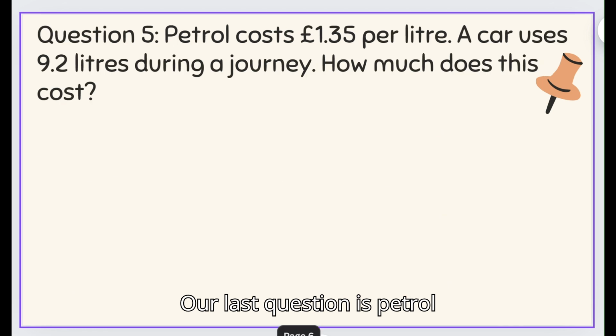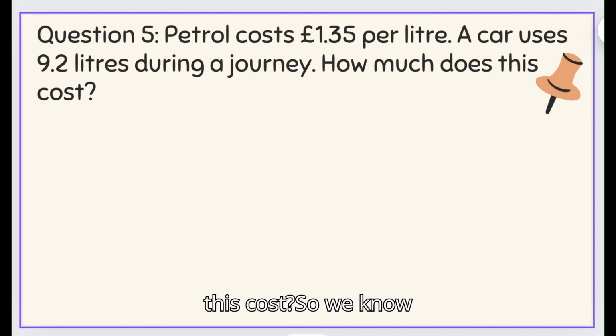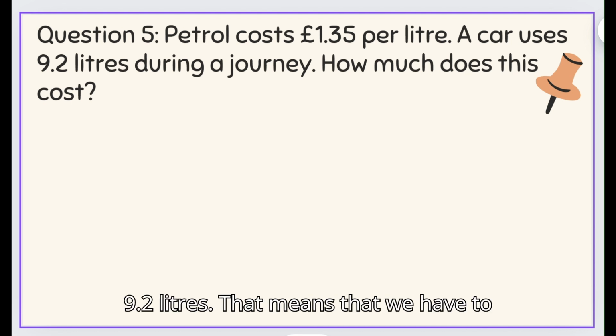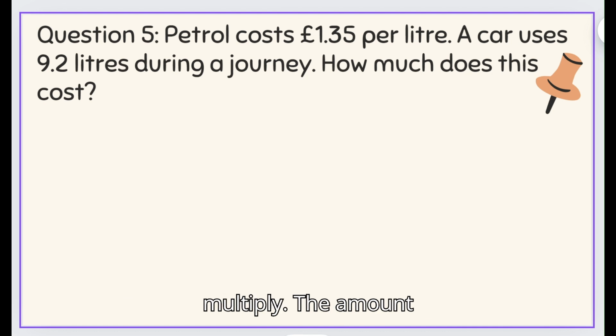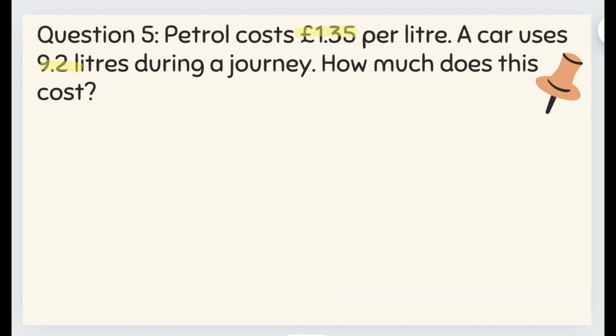Our last question is, petrol costs £1.35 per litre. A car uses 9.2 litres during a journey. How much does this cost? So we know that per litre petrol is £1.35 and a car uses 9.2 litres. That means we have to multiply the amount for 1 litre, which is 1.35, with 9.2 litres.